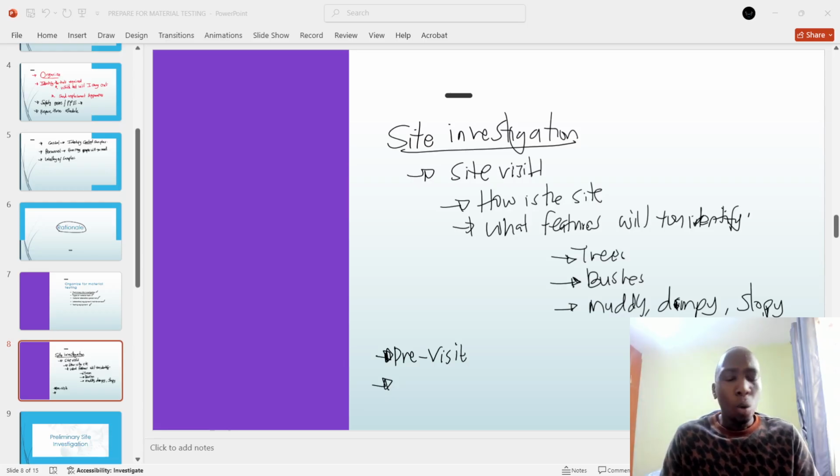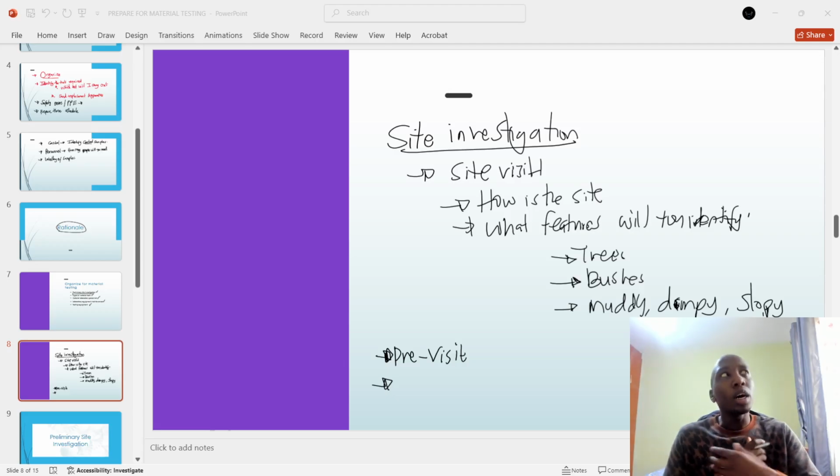Okay. What if I have photos of the site? Is there some information I can obtain from those photos? And can it be called site investigation? Yeah, the photos can, but the photos cannot provide the climate of the area.